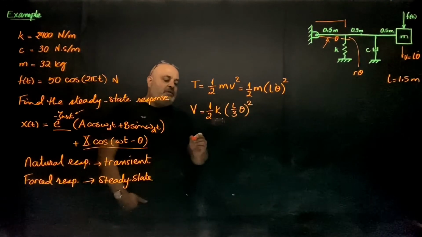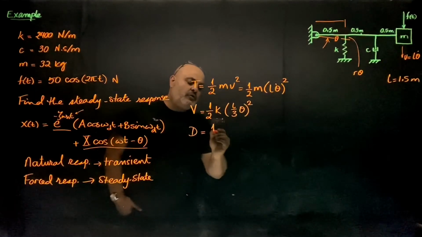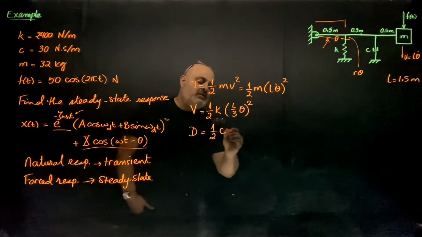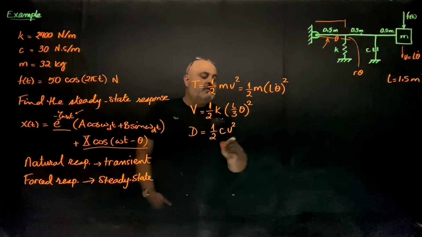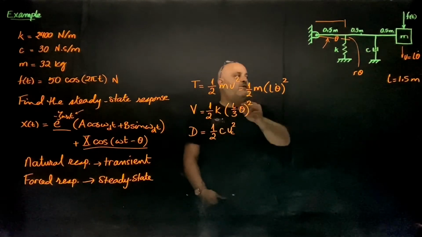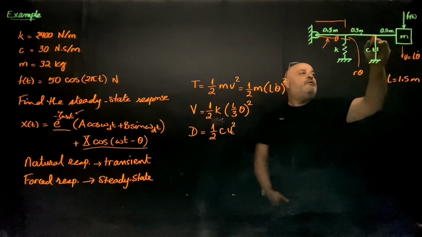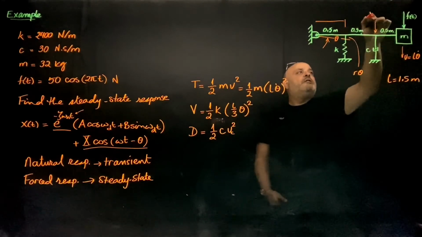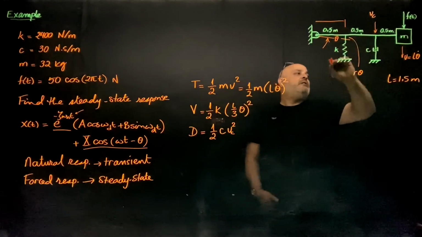And finally, the Rayleigh's dissipation function is 1/2 C, again, V squared. Let me call this V_C to differentiate this from the velocity of the mass. Now, in this case, again, the velocity V_C is the radius times omega, and omega is theta dot.